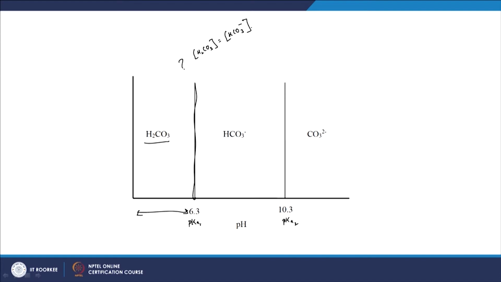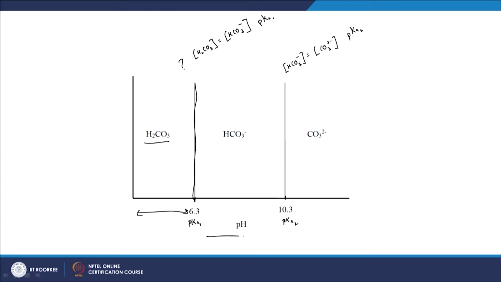And this solid line represents the region where HCO3 minus is equal to CO3 2 minus. These occur at pKa1 and pKa2 respectively, and that is what you see here.